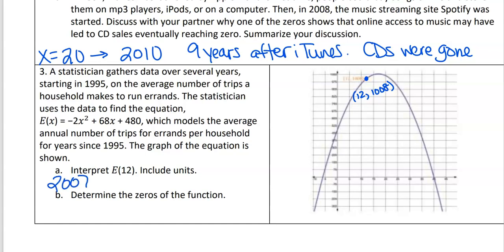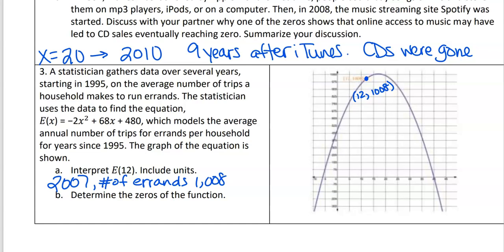So in 2007, the number of errands was what? Number of errands was 1008. So they're saying 12 years after the study started, so in 2007, that's 12 years past 1995, that the average number of errands, is it per year? The average number of trips a household makes to run errands, I think it's per year, is 1008.